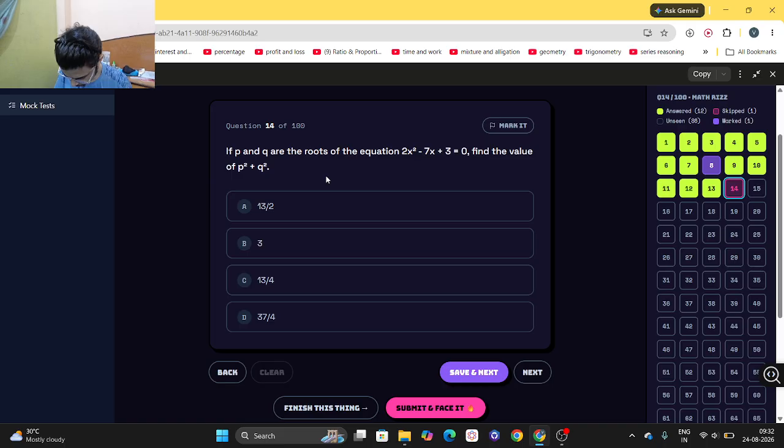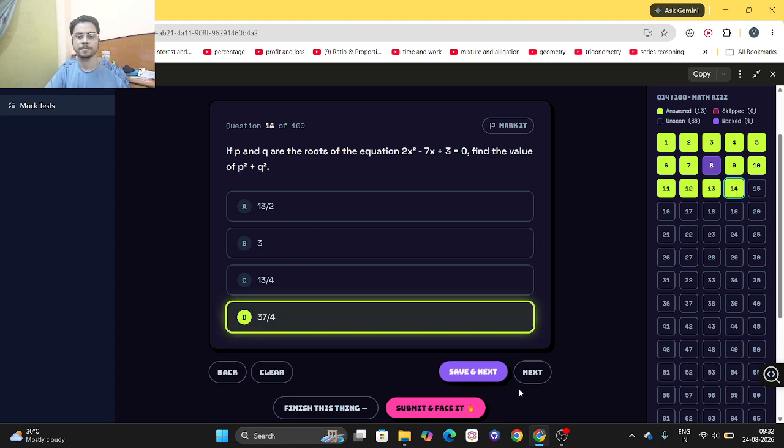P plus q whole square is equal to p square plus q square plus 2pq. 49 upon 4 is equal to p square plus 3. So this becomes 49 by 4 minus 3, which is 37 by 4.